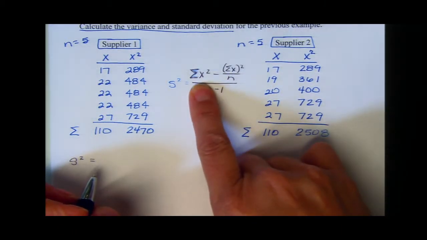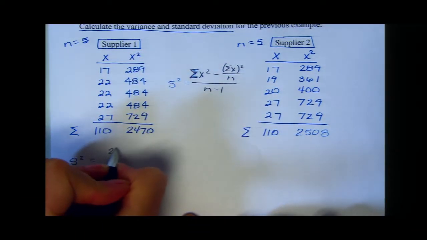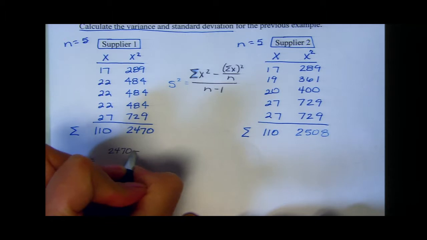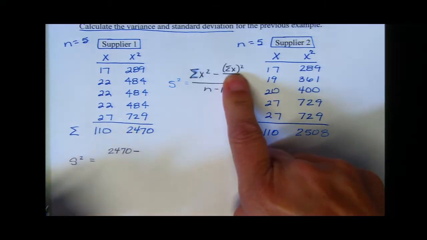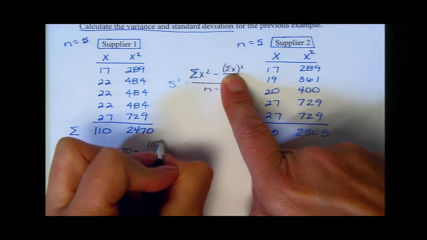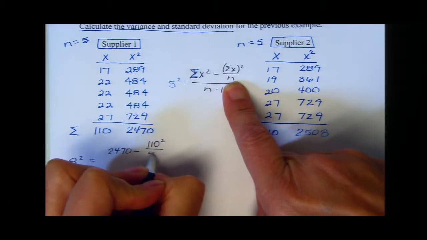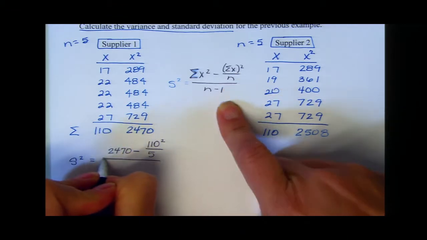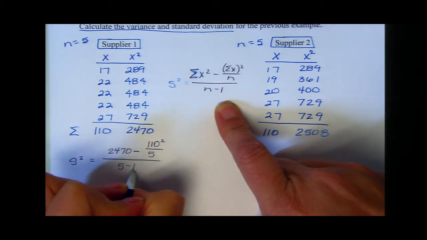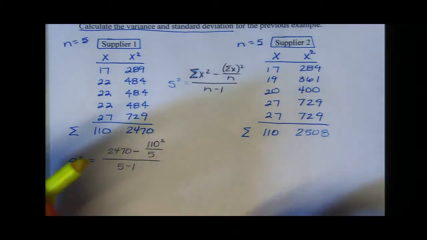So the summation of x squared is this column, 2,470, minus here, this is the summation of x, 110 to the second power divided by n, which is 5, divided by 5 minus 1.